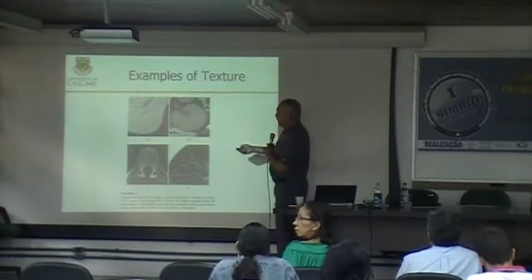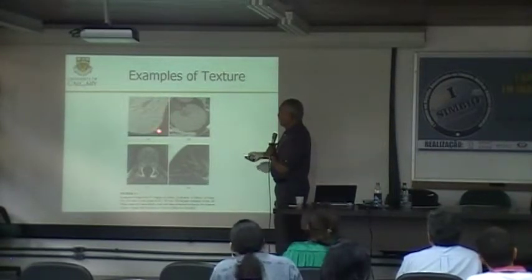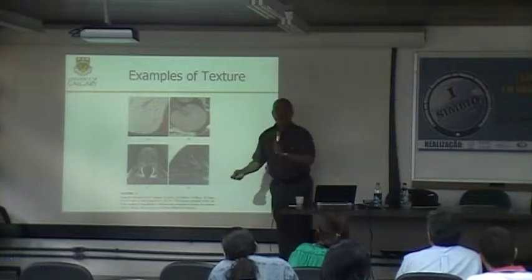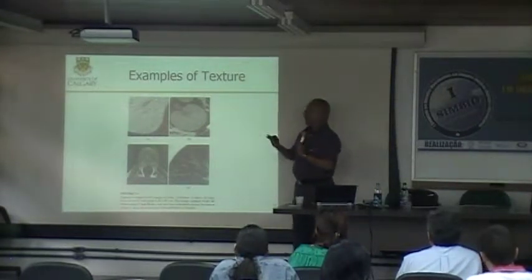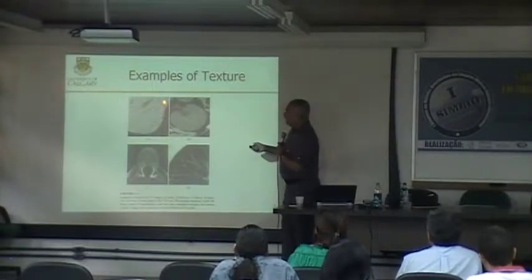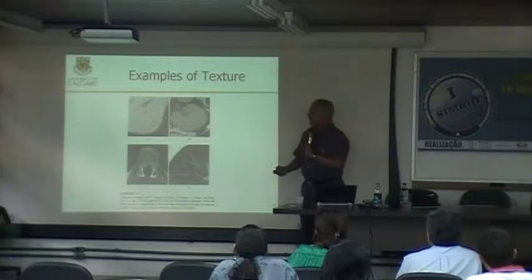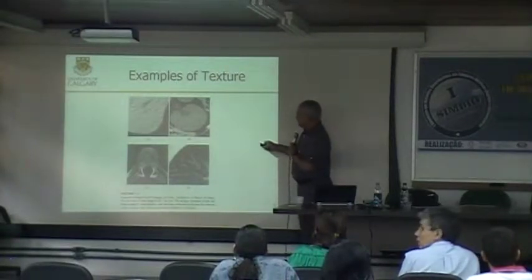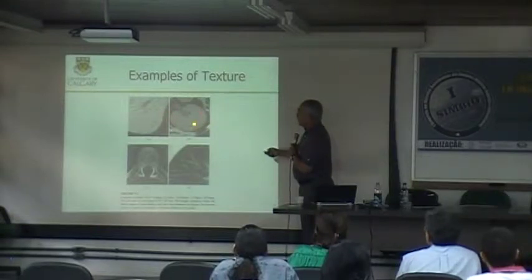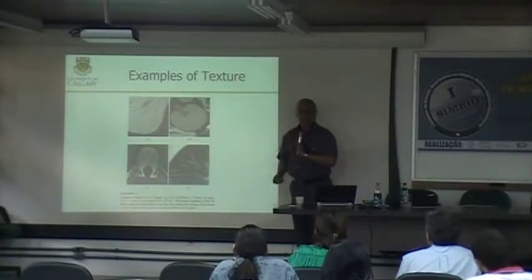So here we have a part of a liver. These are all computed tomography, X-ray computed tomography images, two-dimensional slices and very small parts. This is part of the liver. This is texture. What kind of texture is it? Maybe random texture. This is a kidney, slice of a kidney. What is this? Random texture.